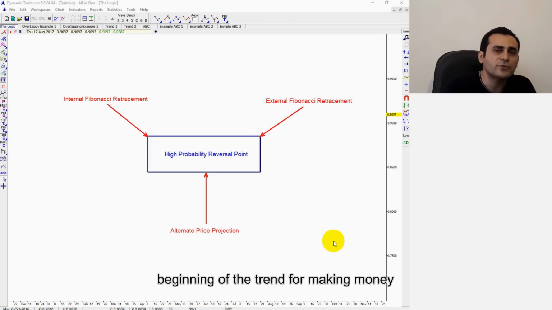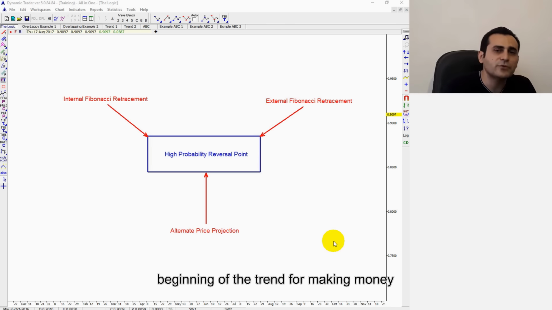And in day 1, again, I taught you an important Fibonacci tool, internal Fibonacci retracement, and I showed you how with internal Fibonacci retracement you can stay out of many fake reversals. And our goal there was finding the end of corrections to taking the beginning of the next trend.